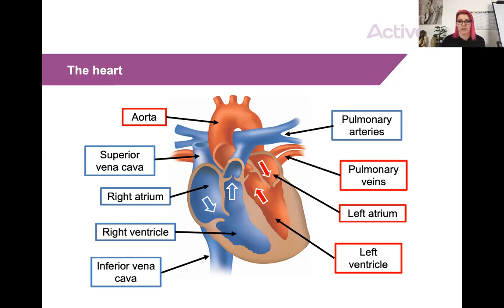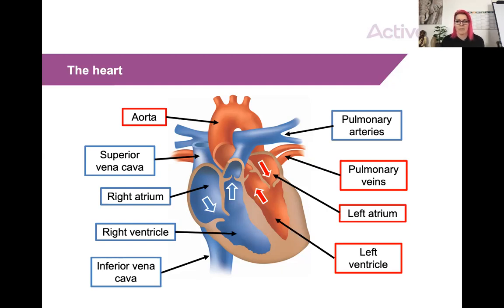So once the muscles and tissues have used that blood around the body, the blood is then going to be deoxygenated, so it's going to have less oxygen in it, and we need to head it back out to the lungs. So the aorta has taken the blood all the way around the body, and we've utilized the oxygen, and it's now deoxygenated.